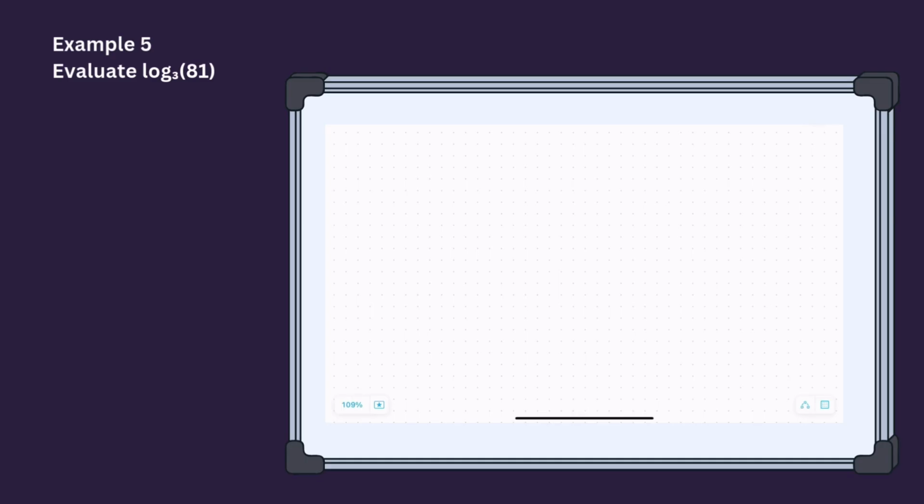Now our final example under the concept of evaluating logarithmic functions, we have log to the base of 3 of 81. So 3 is raised to what power equals 81? 3 times 3 is 9. 3 times 3 times 3 is 27. 3 times 3 times 3 times 3 is equal to 81.